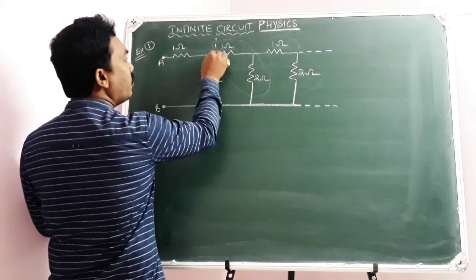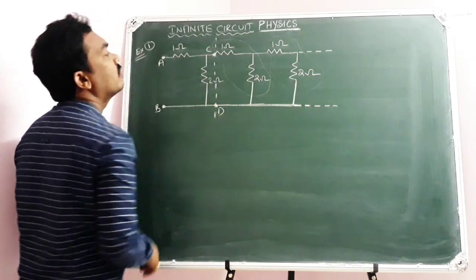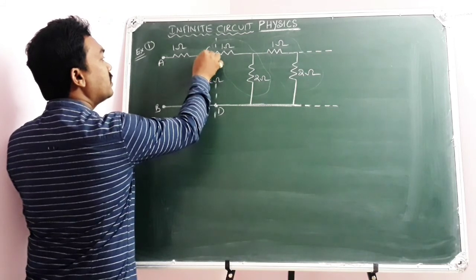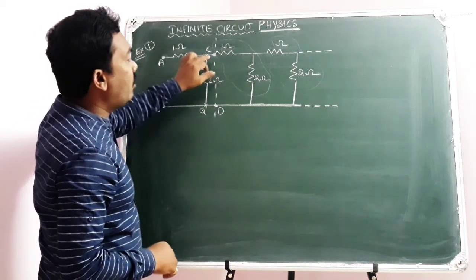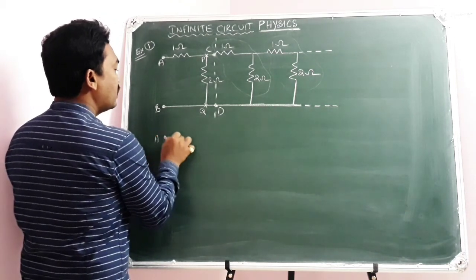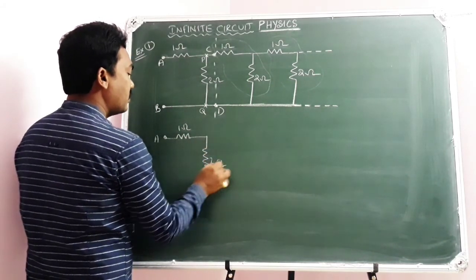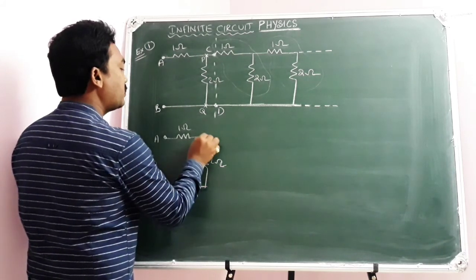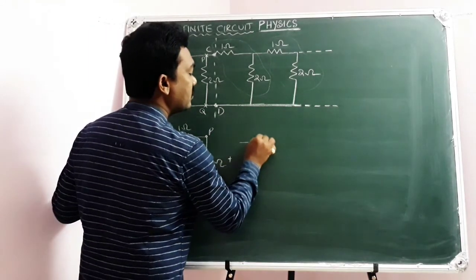So even though my electric circuit has a break here, for example, it has broken here, let us suppose these two points are C and D. I didn't break the circuit at the points P and Q, which are here. I have broken the circuit at C and D. You can see this is A, here is 1 ohm and here it is 2 ohm, this is P and this is Q, plus whatever the broken circuit, here it is.